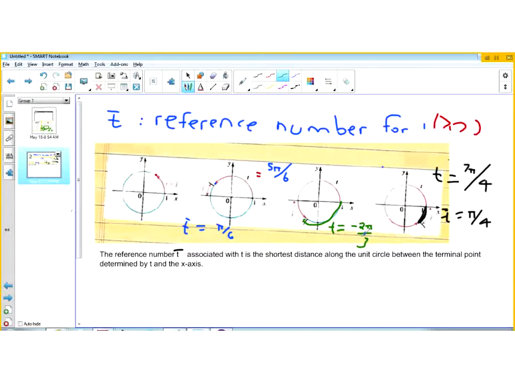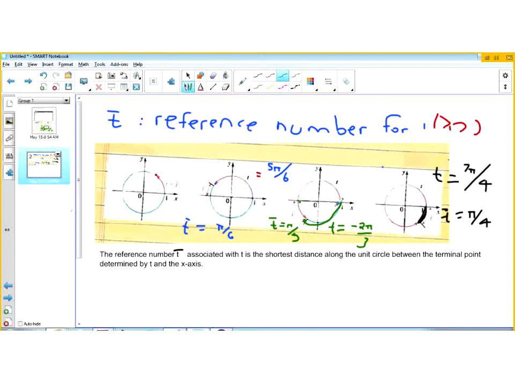If that's my terminal number, then the shortest distance from this terminal number back to the x-axis would be along this arc, and that would have to be t bar. I would have to go absolute pi over 3 radians to get back to the x-axis. That would be the shortest distance along the unit circle back to the x-axis.